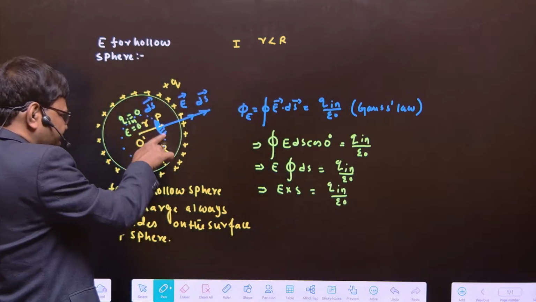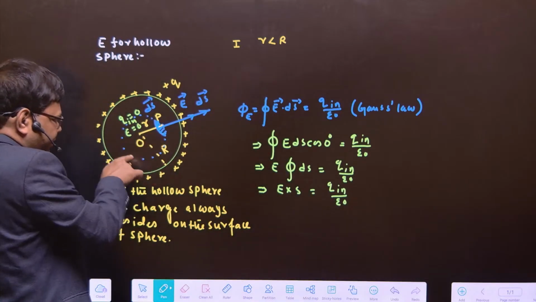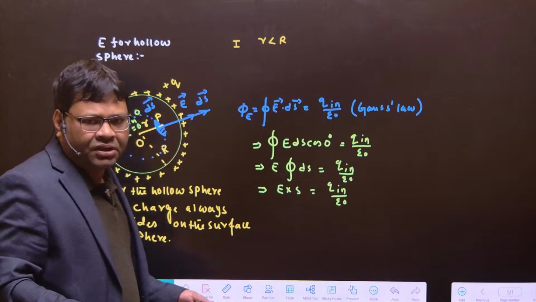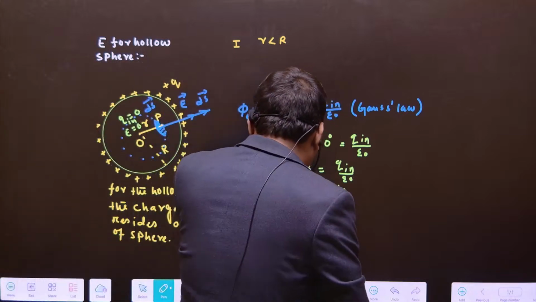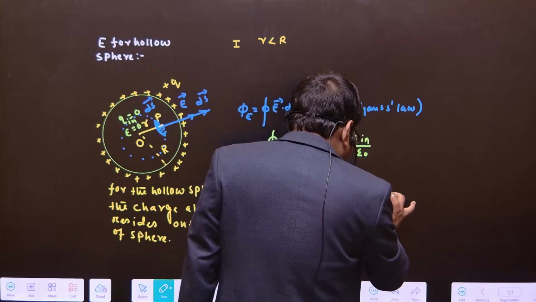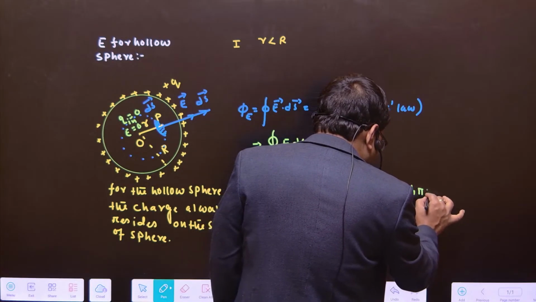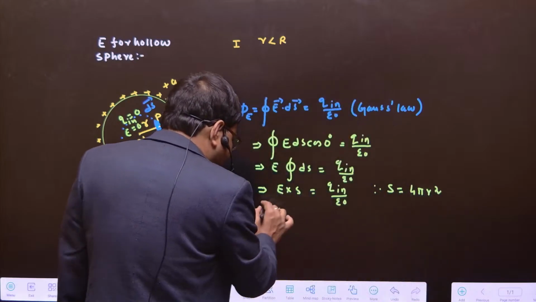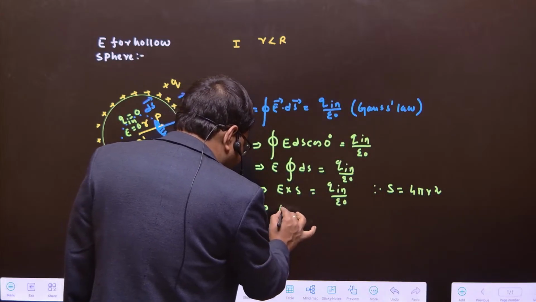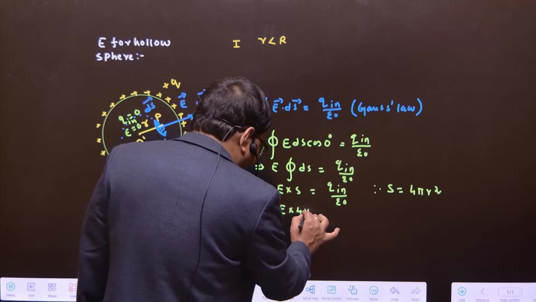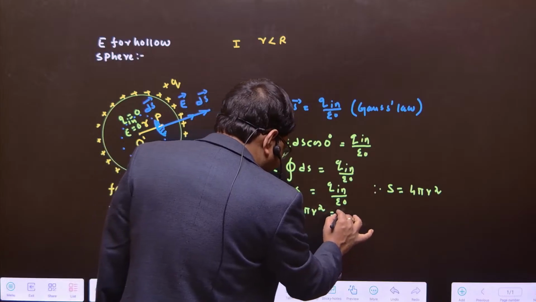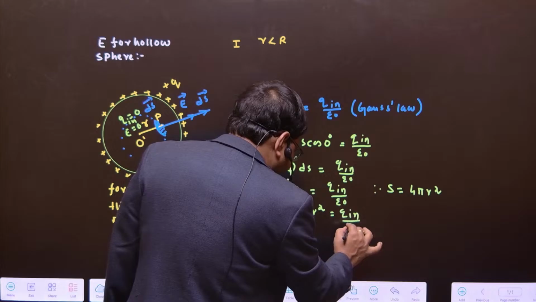S means the area of the hypothetical Gaussian surface, and the area of the Gaussian surface S is equal to 4 pi r square. So we can write E into 4 pi r square is equal to q in divided by epsilon naught.